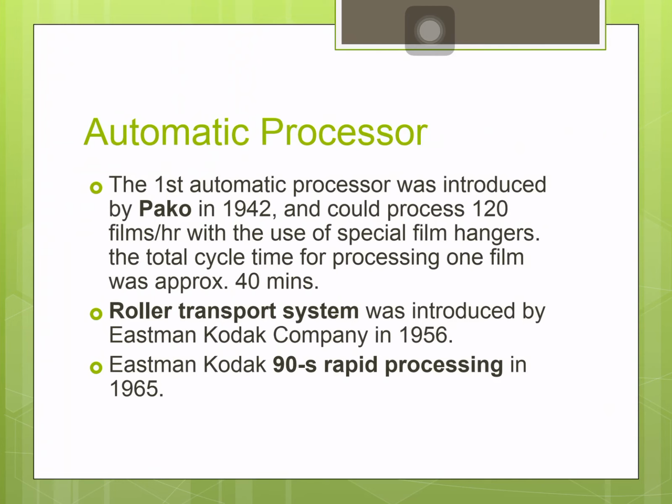So, yung 90-second rapid processing, the moment na nag-feed tayo ng exposed film sa ating machine, within 90 seconds, lalabas yung ating image or yung ating dry film na nagko-contain ng manifest image. So, pinabilis ni Eastman Kodak noong 1965 yung ating processing.